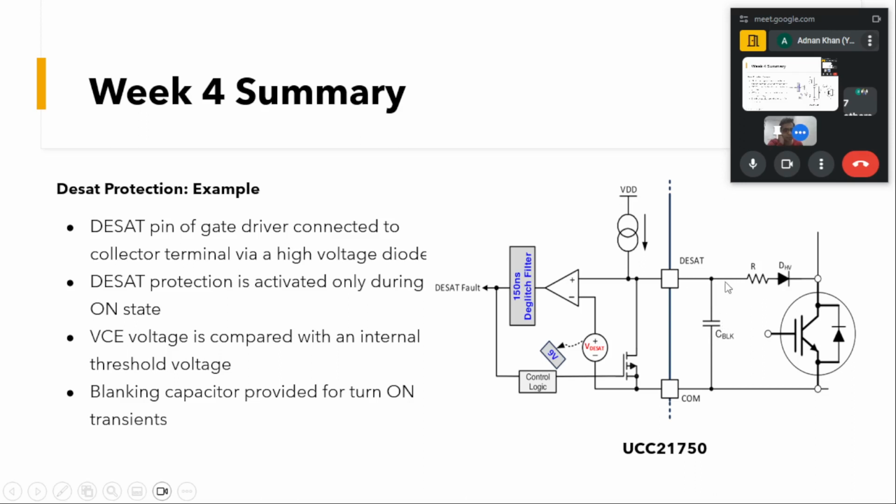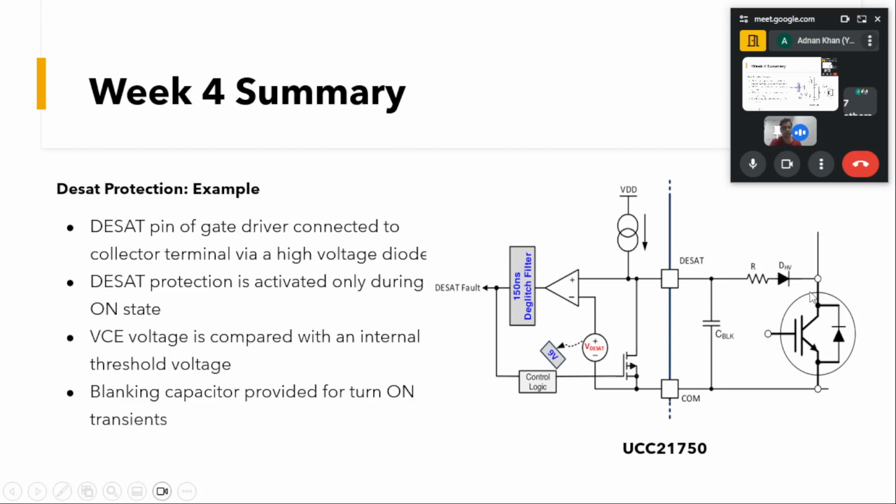Usually this blanking capacitor is chosen in such a way that the build up in the voltage happens in a time greater than the turn on time of this device.